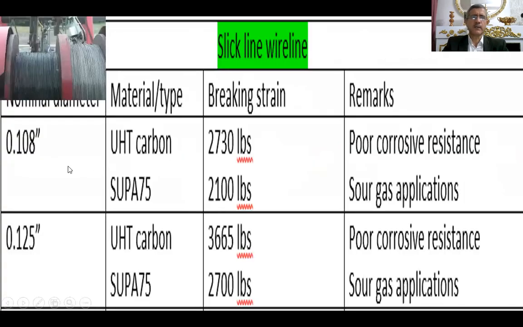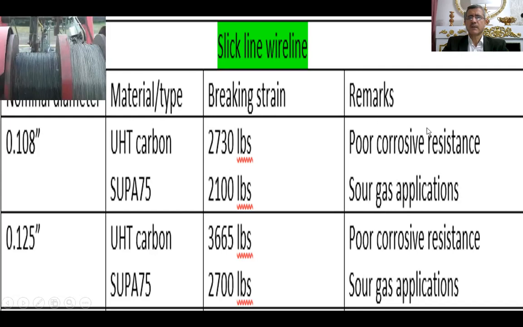Slick line wireline, we have two sizes, 0.108 inch and 0.125. The material is this carbon steel, and this is stainless steel. Breaking strain, you see carbon steel has a higher breaking strain than stainless steel.